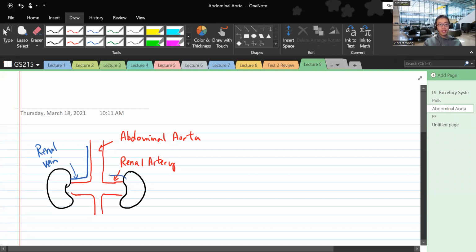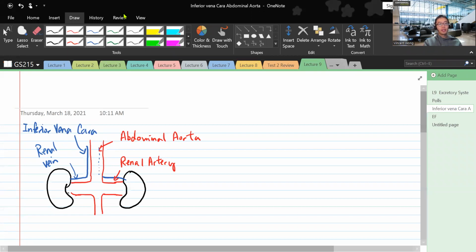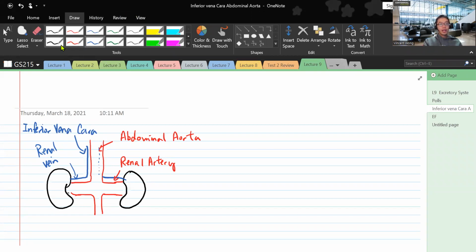Right, you will have the renal vein here as well coming out. And then it's going to go back up, right? It's going to be kind of behind the aorta here, and it's going to go back to the heart through the inferior vena cava. Okay, so that's basically what it is.